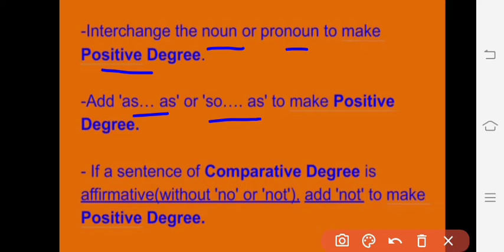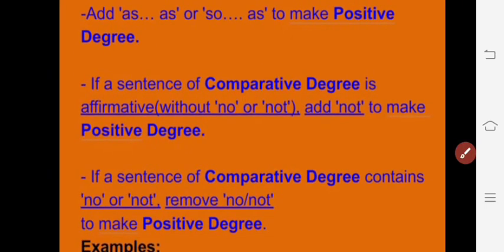If a sentence of comparative degree is affirmative, means without no or not, then add no or not to make positive degree. Means while you convert comparative degree into positive, if the sentence is affirmative, convert it into negative formation in positive degree.